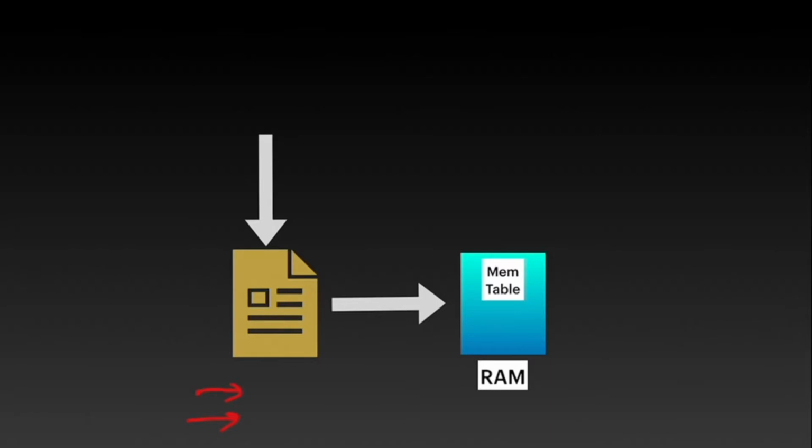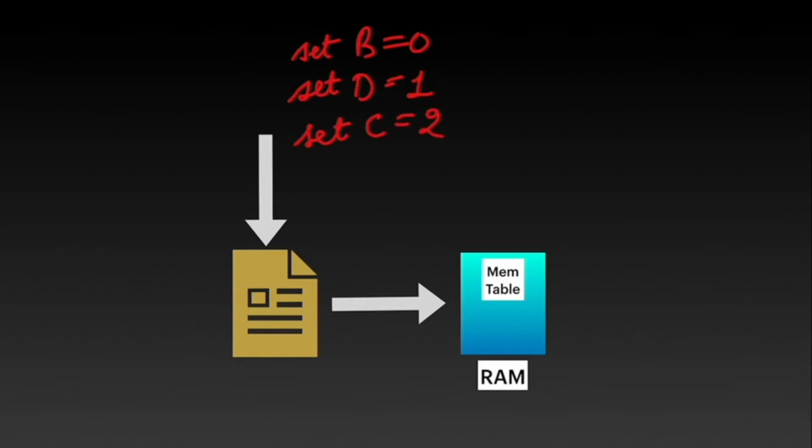So let's try to understand this with an example. Let's say I have instructions like set b = 0, set d = 1, set c = 2 and set a = 3. These were the instructions in the log file.